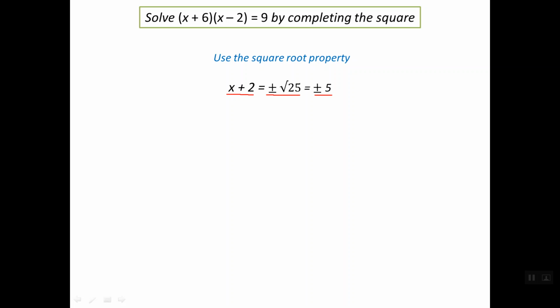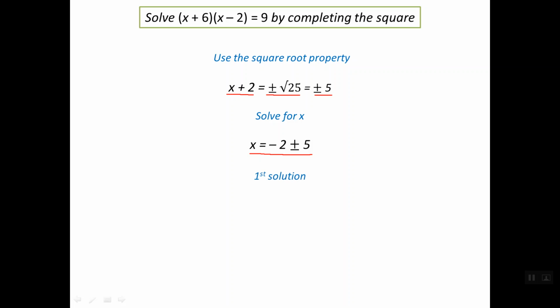Now we have two equations. We can solve for x. So if we add minus 2 to the equations above, we get x is equal to minus 2 plus minus 5.